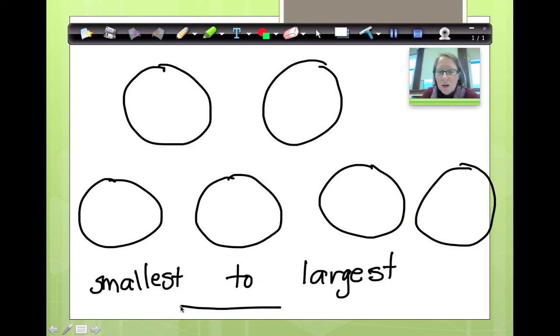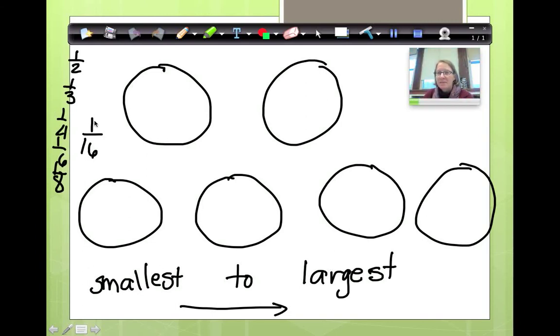I need the 1/2, 1/3, 1/4, 1/6, and 1/8. 1, 2, 3, 4, 5. Ooh, let's do 1/16 as our sixth one. Okay, so can you put those in order from smallest to largest? Pause your video and give it a shot.